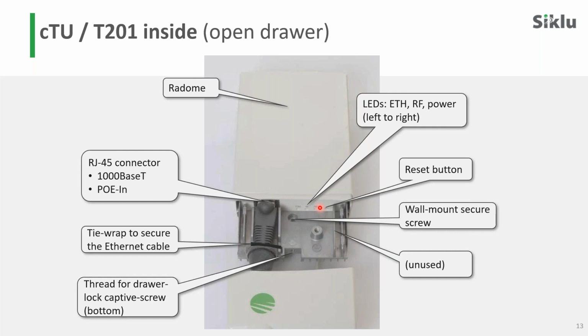Basically, the RF LED is green, stable, when the terminal unit is connected properly to the base unit, and then an Ethernet LED, which is stable when there is an Ethernet connection, and which will blink when there is actual communication.